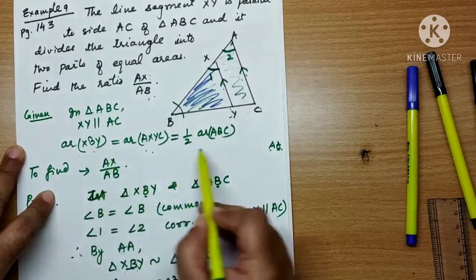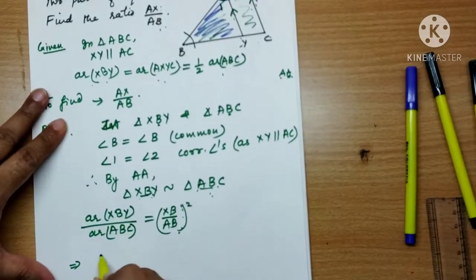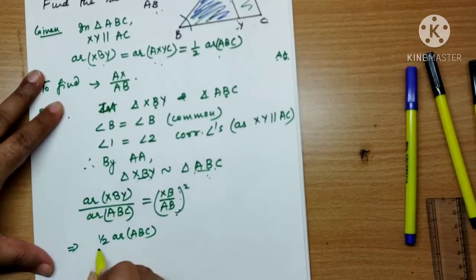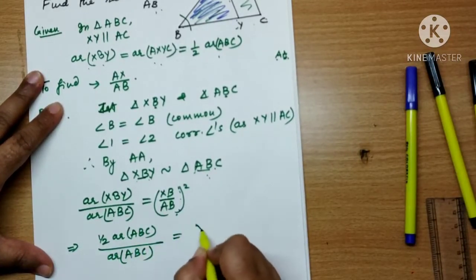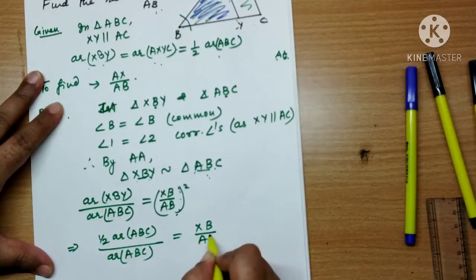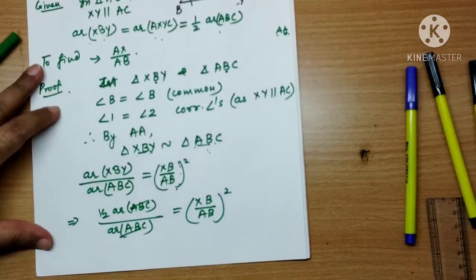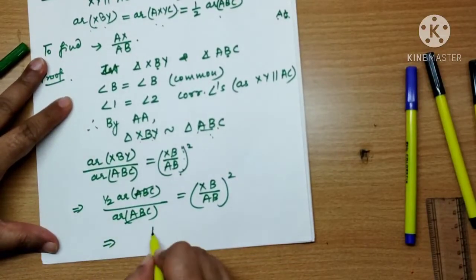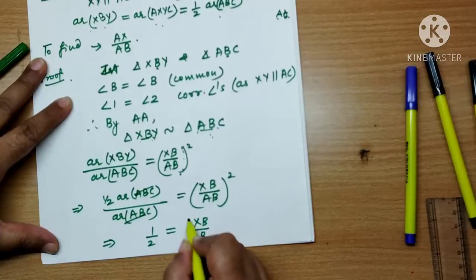We have area of XBY is half the area of ABC. Let us use this. This is half area of ABC by area of ABC is equal to XB by AB and the square of it. So this goes away. So what we are left with is 1 by 2 is equal to XB by AB whole square.